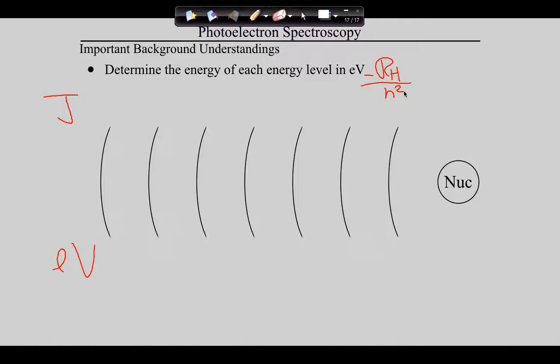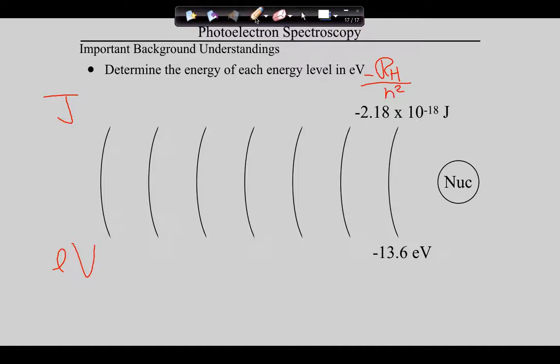All right. So let's just throw up the number for energy level 1. When you plug the Rydberg constant in, you end up with this. Now guys, here's the thing that's interesting. You don't need to do this, but I want to convert this number into electron volts.